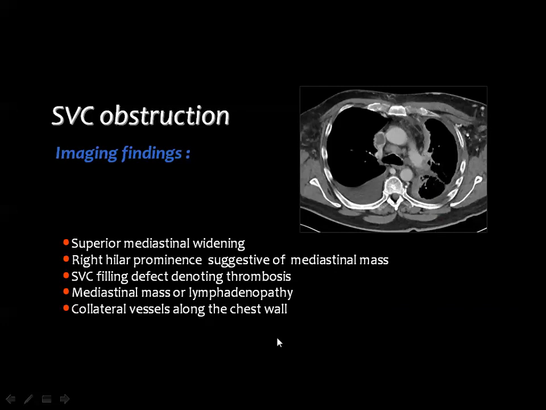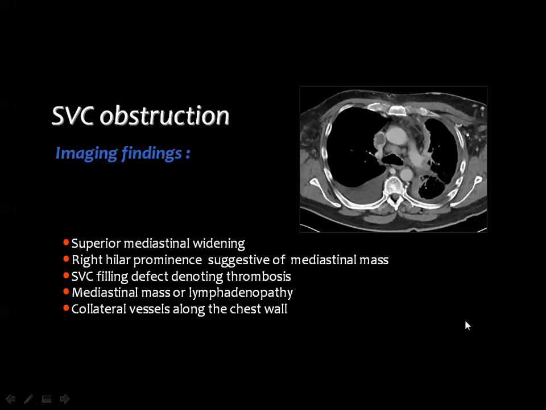And what are the imaging appearances for a superior vena cava obstruction? The plain X-ray, you may see mediastinal widening or superior mediastinal widening, and also you may get enlargement of the right hilar shadow, which may be the sequelae of the presence of a mediastinal mass or a bronchogenic tumor.